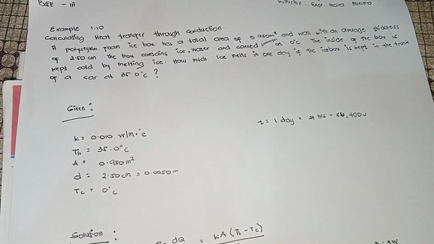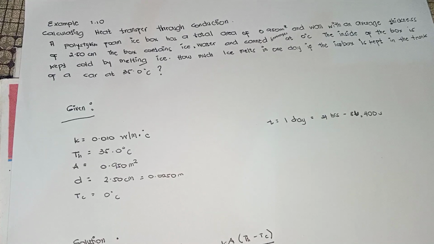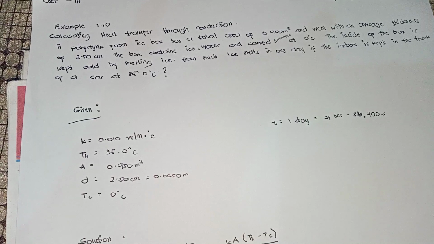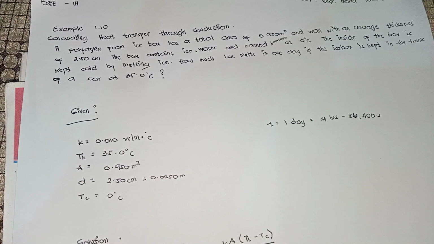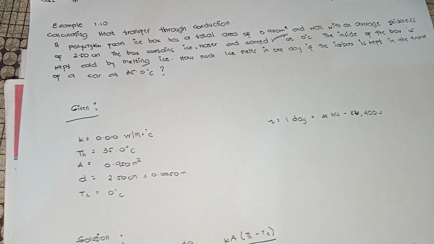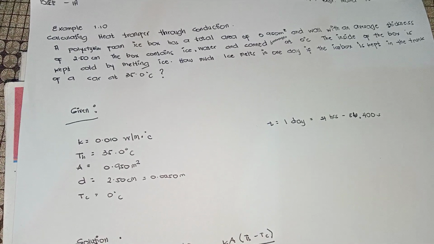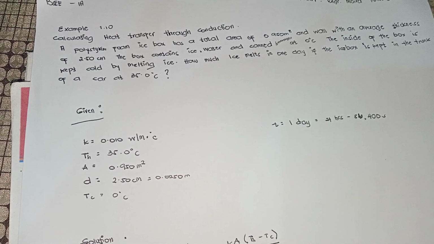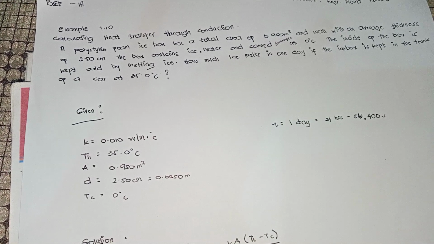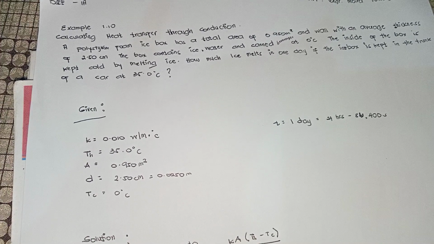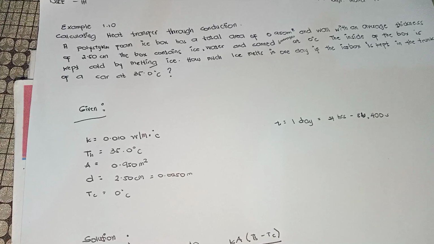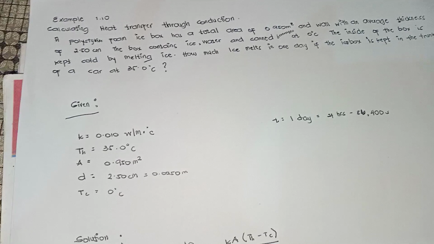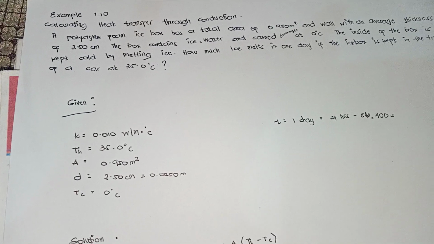So, given K, which equals 0.010 W per meter degrees Celsius, and TH, which equals 35.0 degrees Celsius, and for A, which equals 0.950 meters squared, and for d, which equals 2.50 centimeters or 0.0250 meter, and for TC, which equals 0 degrees Celsius. And for the time, 1 day.